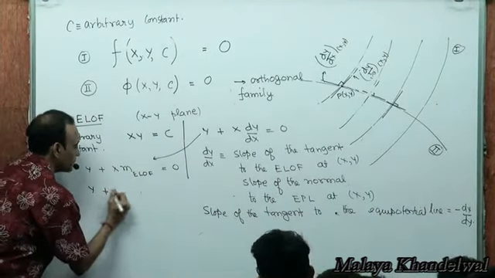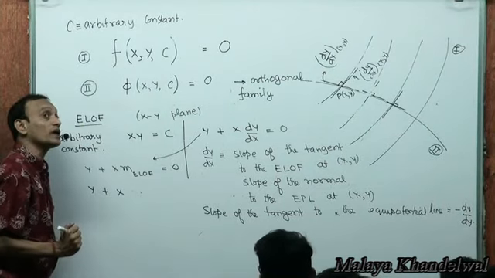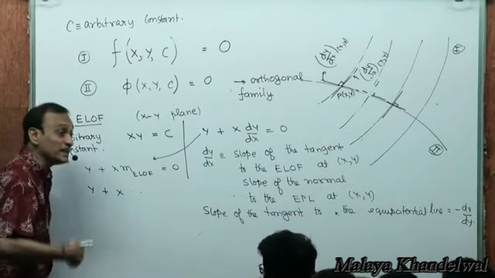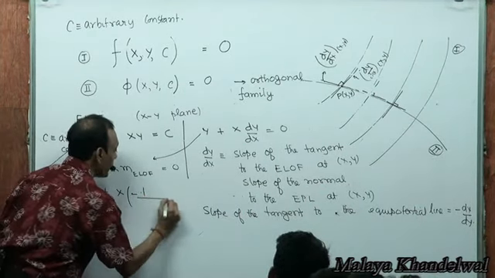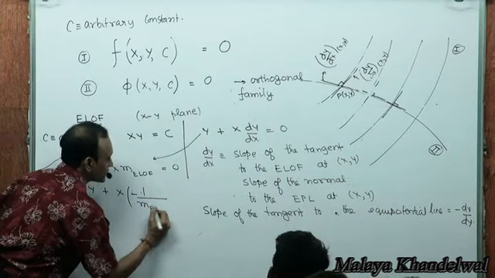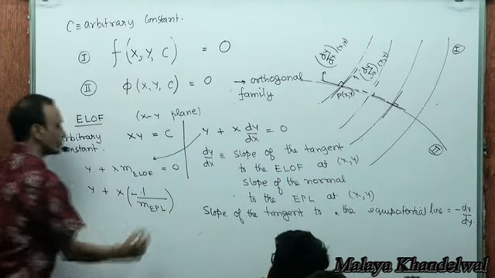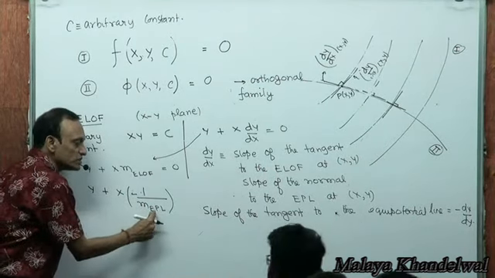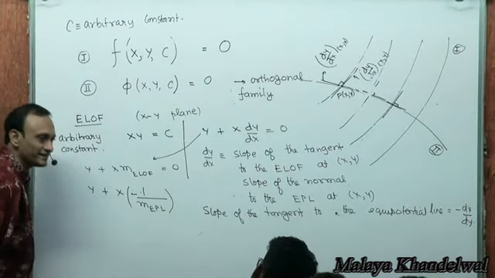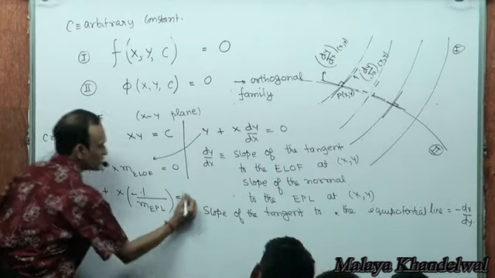But the slope of the electric line of force would be negative of 1 by the slope of the equipotential line. Yes or no? Slope of the electric line of force would be minus 1 by the slope of the equipotential line. That equal to 0, yes or no?